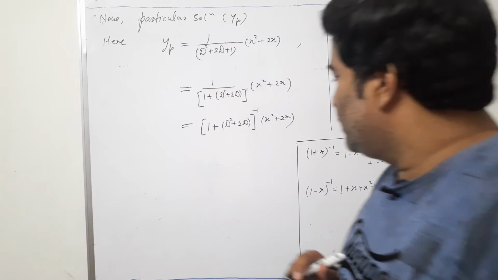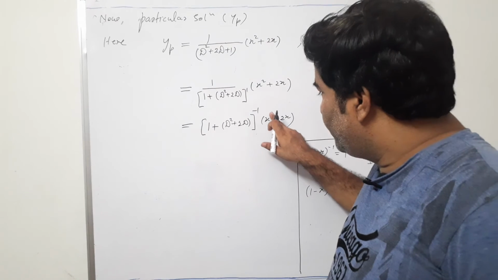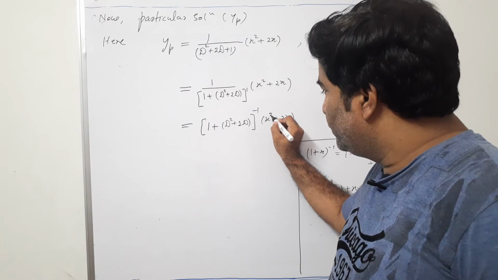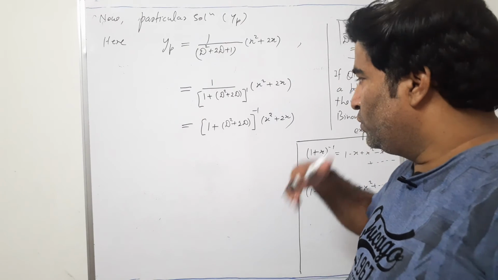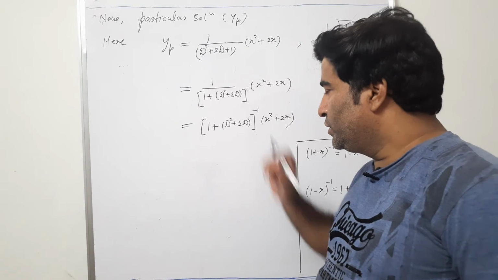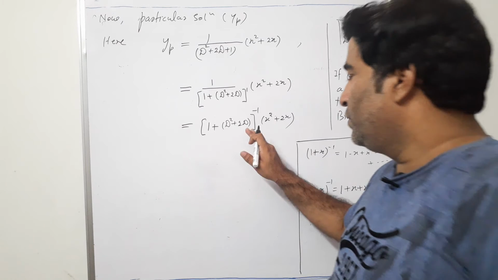Here actually we have a polynomial of degree 2, so we expand this up to the power of D equal to 2, the highest power of D being 2.